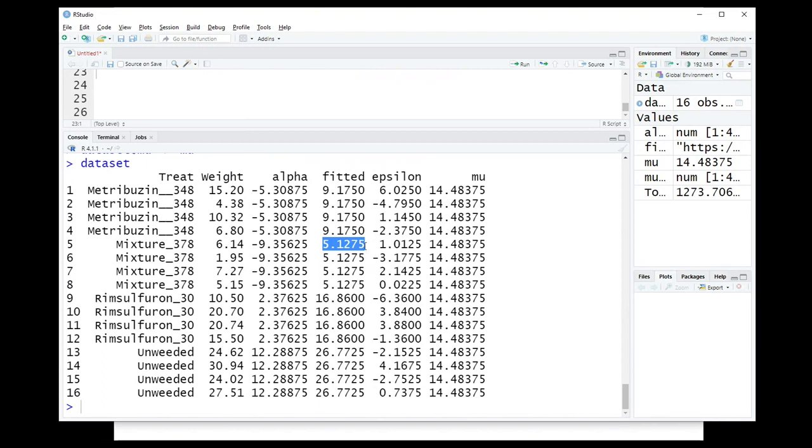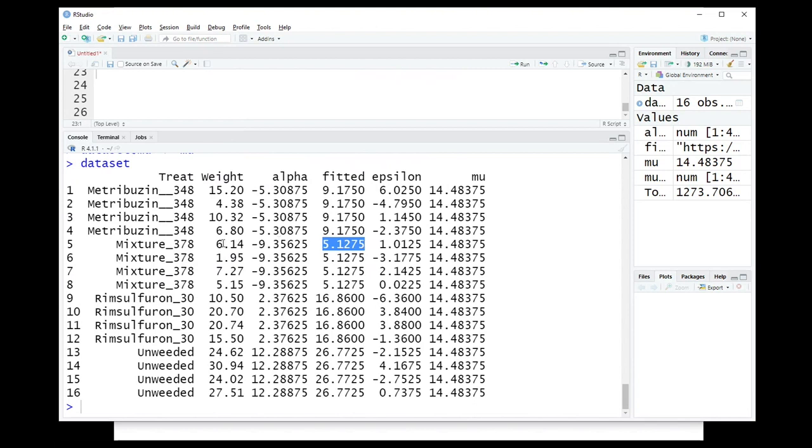The fitted value is what we would expect without any random effect. But we see that the observation is different from the expectation. Why is it different? It is different because of random errors. And if we want to quantify the random errors, we could compare the observation with the expectation.